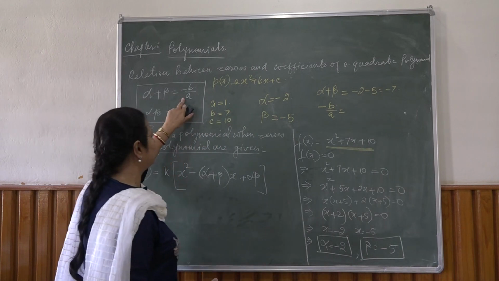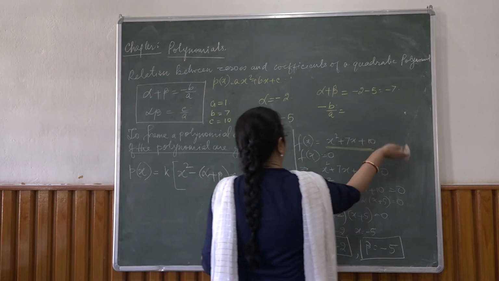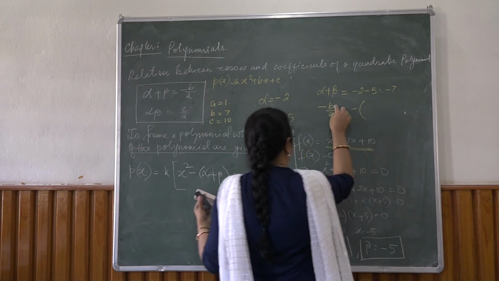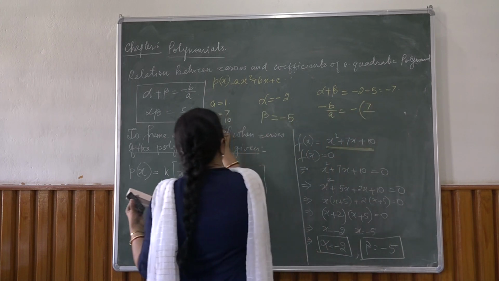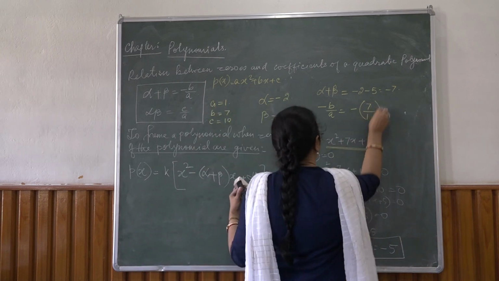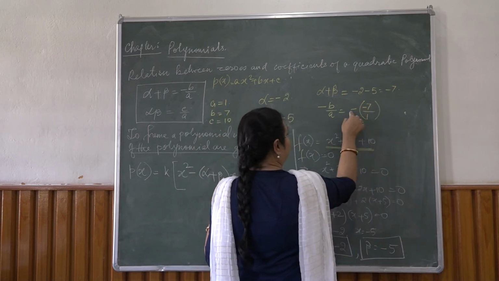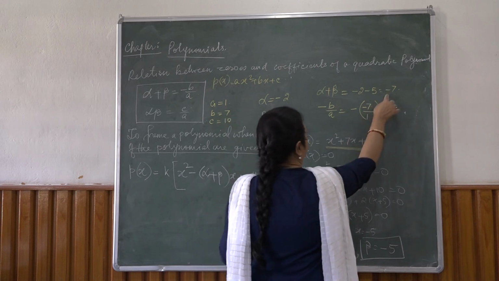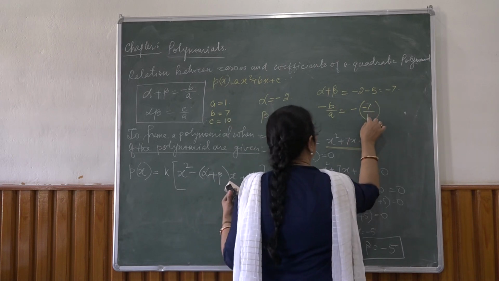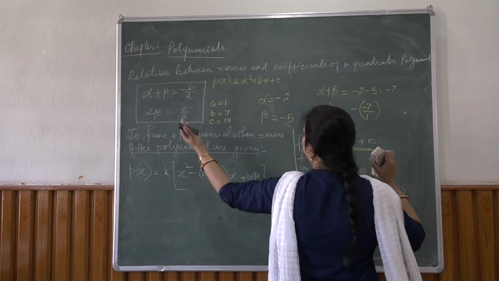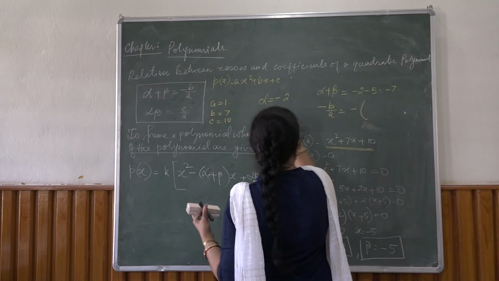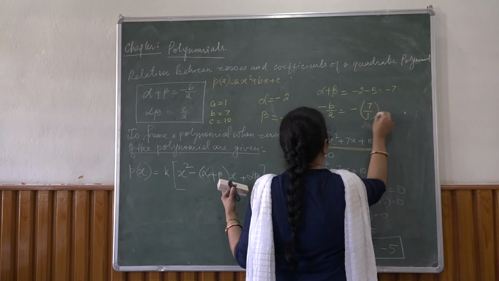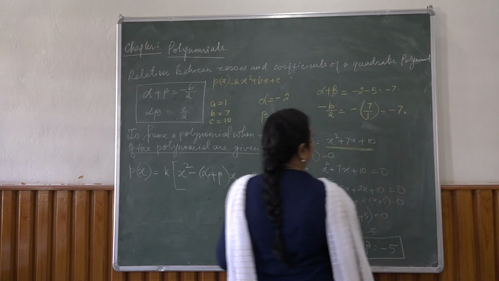Alpha plus beta should be minus b by a. So minus b by a is equal to minus of, what is the value of b here? 7. What is the value of a here? 1. So it is minus 7 by 1, which comes as minus 7.